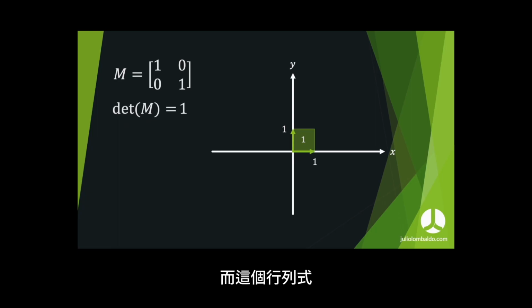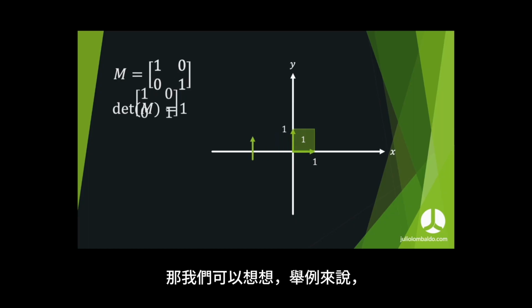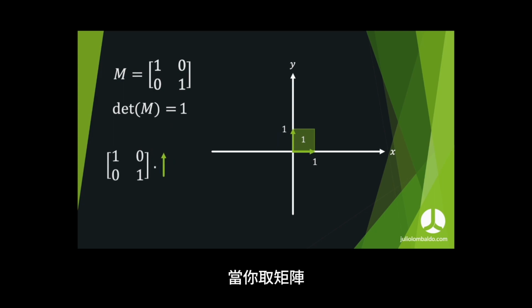And the relationship between this determinant and this square's area is very simple, because if we take the two column vectors inside the matrix M, we can understand that these two columns are the same vectors that formed that square initially.